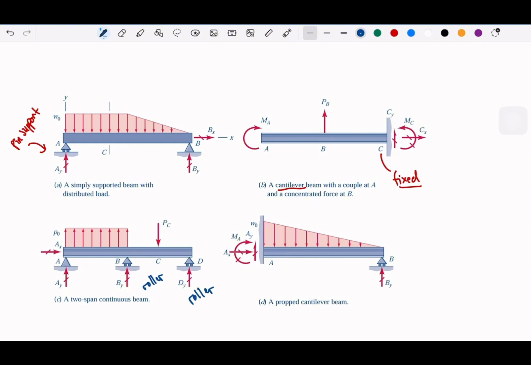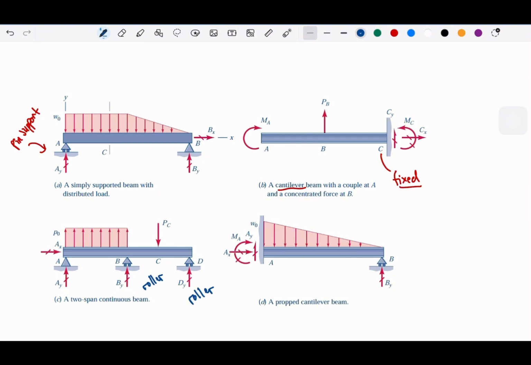And basically we can combine and play around with it. So there are several types of beam. It can be a cantilever, a propped cantilever, a simply supported beam with distributed load, or a continuous beam. So these are 4 types of beam.